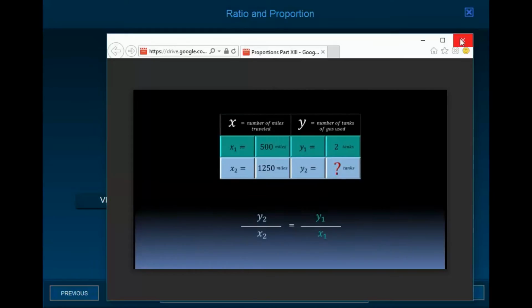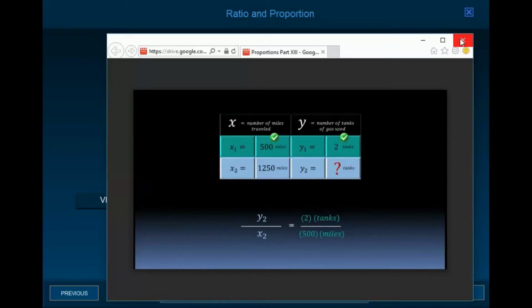Let's place our values into our proportion. First of all, x sub 1 is 500 miles, and we replace x sub 1 in our proportion with 500 miles. Y sub 1 is 2 tanks. We replace y sub 1 with 2 tanks.